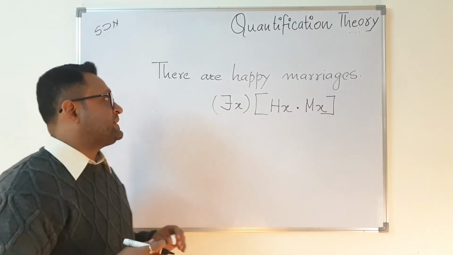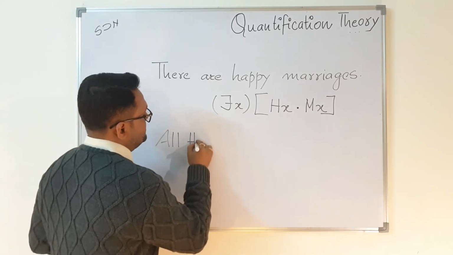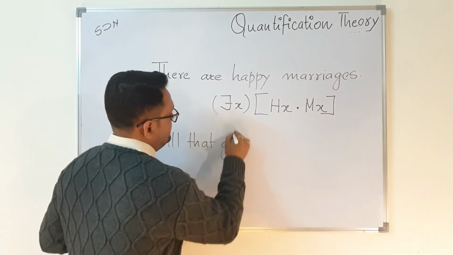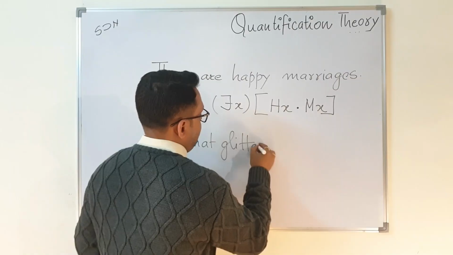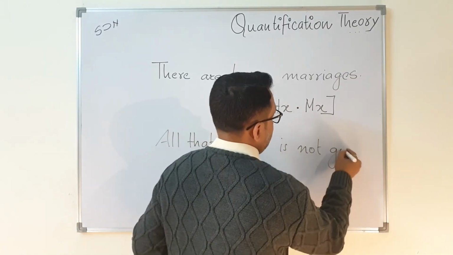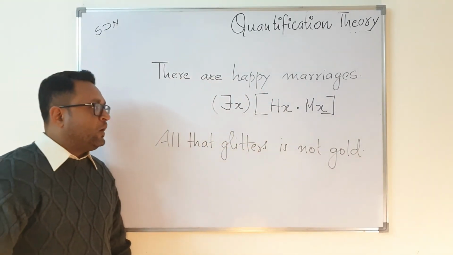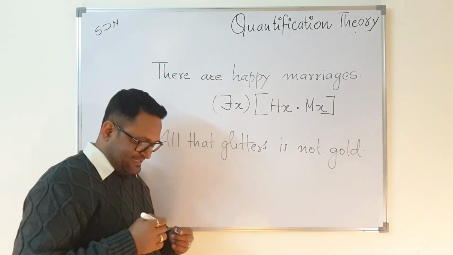Okay, let us take the second example. All that glitters is not gold. Okay, now how to symbolize this? All that glitters is not gold. What does it say?